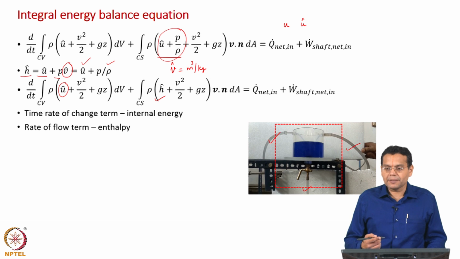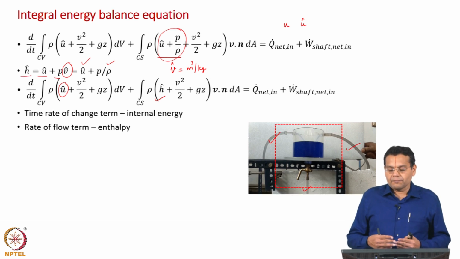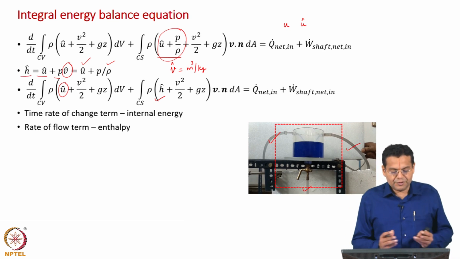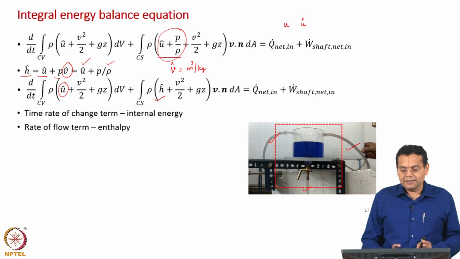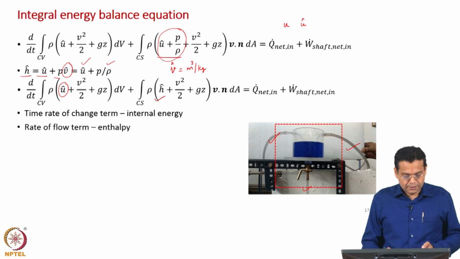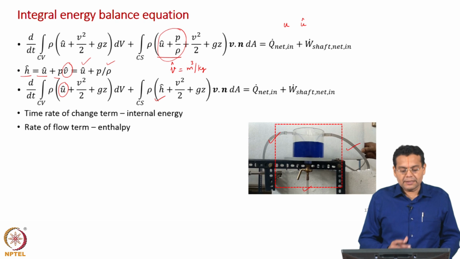When you say enthalpy, you are including the effect of internal energy and the flow work. If this physical significance is clear, then we will know clearly that in the convection term we should include enthalpy. There is no such flow work term in the rate of accumulation term, that is why that is internal energy. Okay.